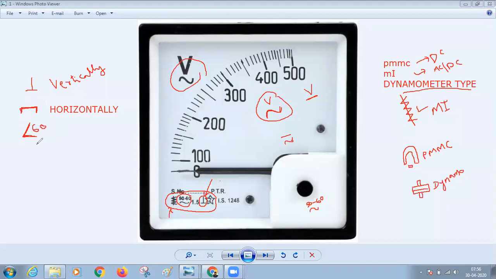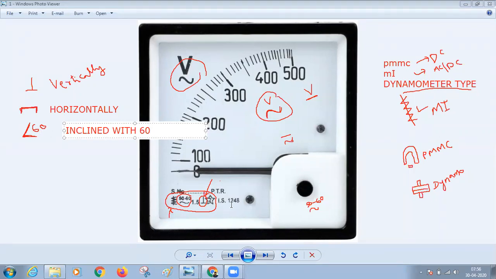This represents that you have to place the meter inclined. The number will represent the degrees of inclination. So here the angle symbol along with 60 means that you have to place that meter at an inclination of 60 degrees.